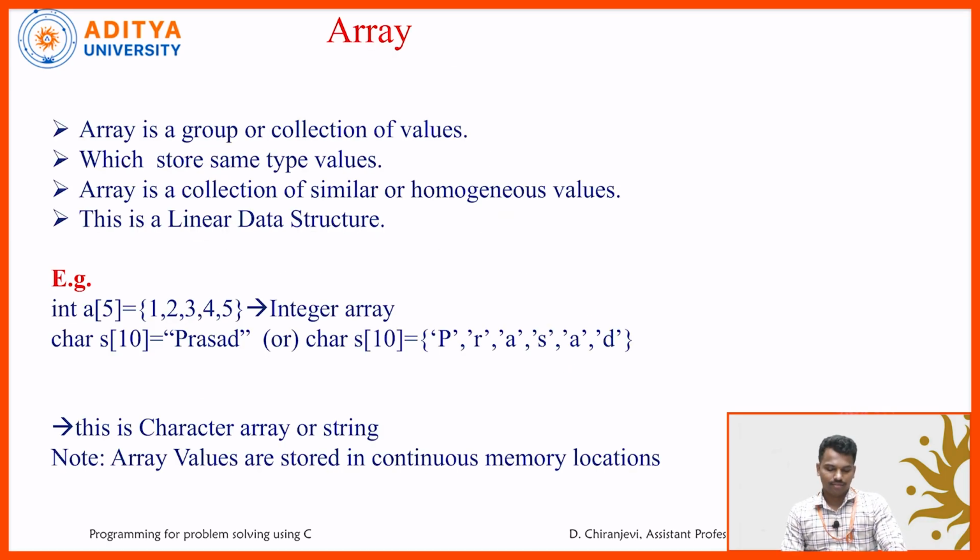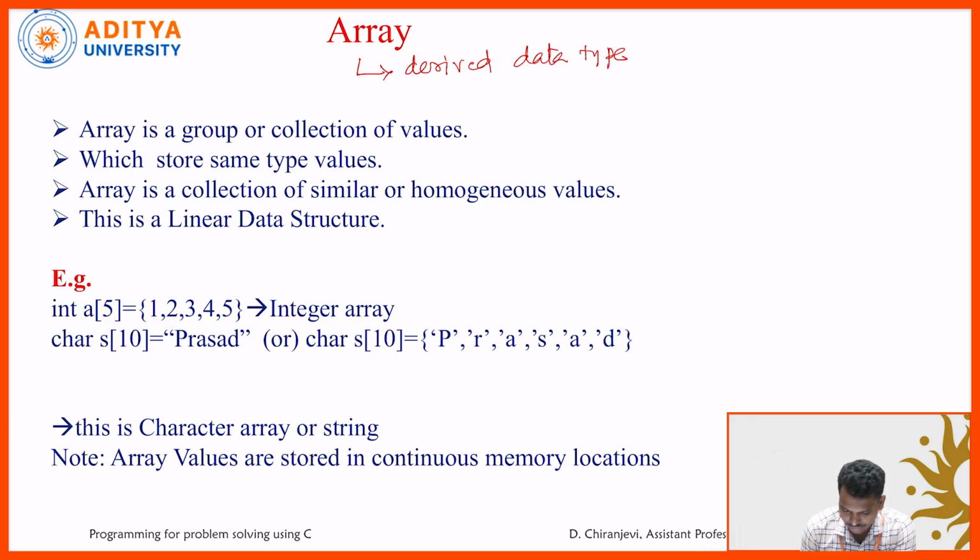So what is an array? An array is a derived data type which stores a collection of values which are of similar type.